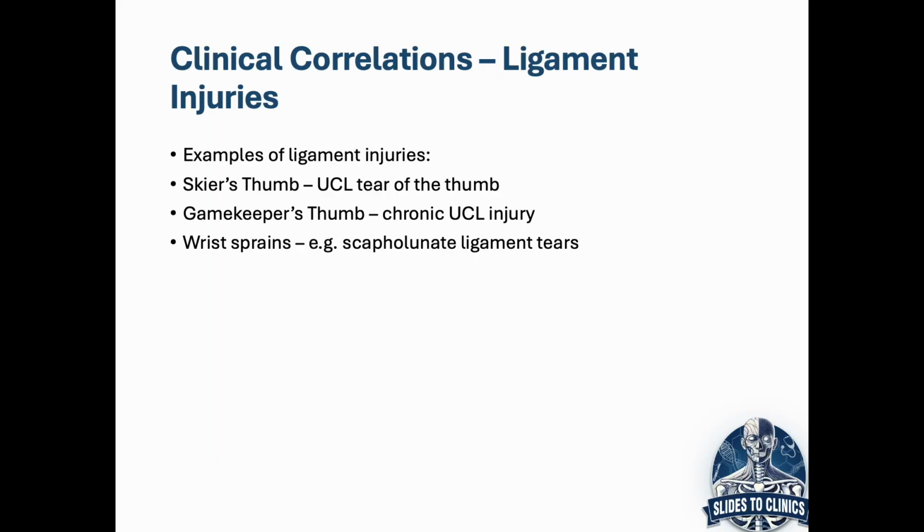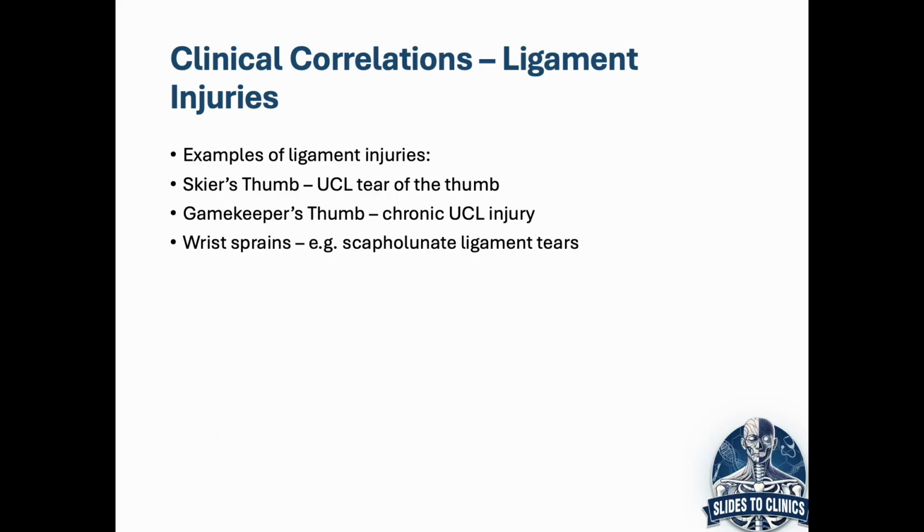Now, something peculiar about the wrist is it has more ligaments than the Game of Thrones plot, and one key player is the ligament called the scapholunate ligament. And guess what? Just as it's named, it's a ligament that links the scaphoid bone and the lunate bone, which is very important.